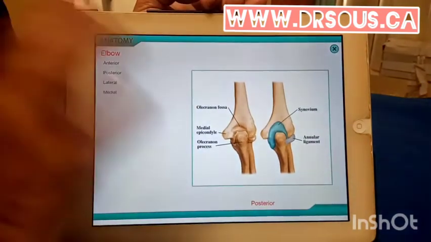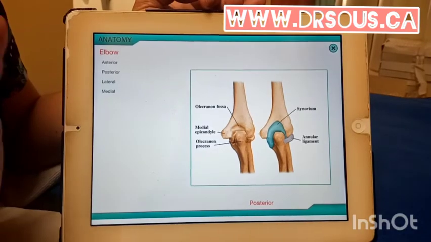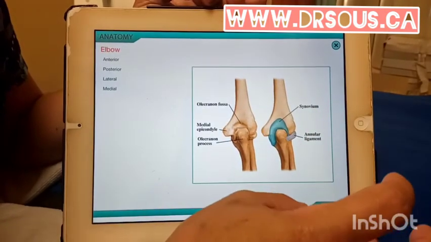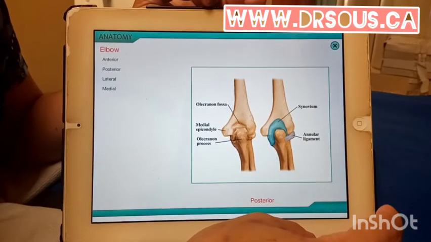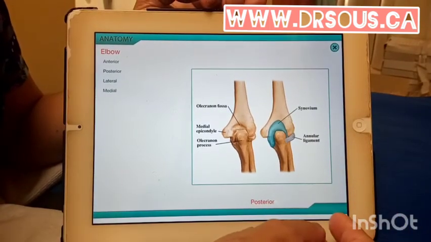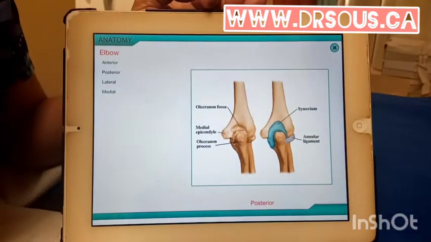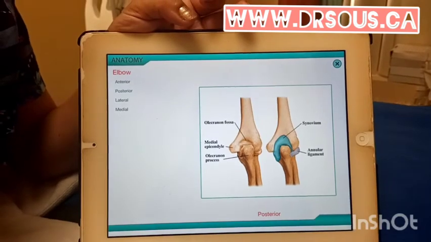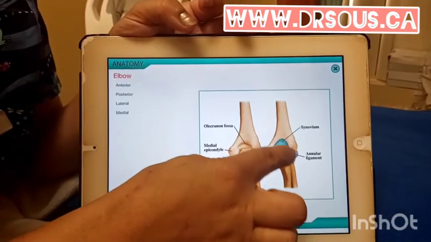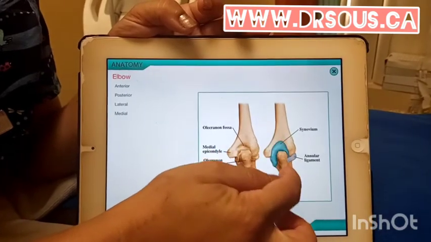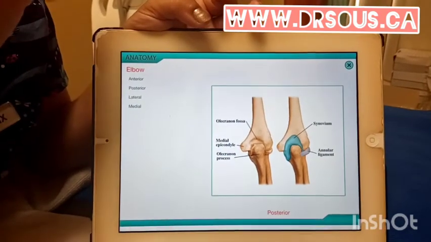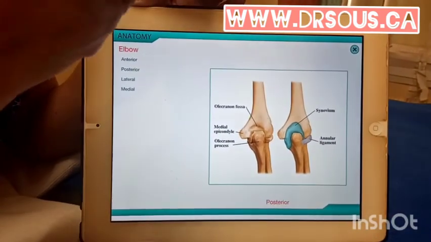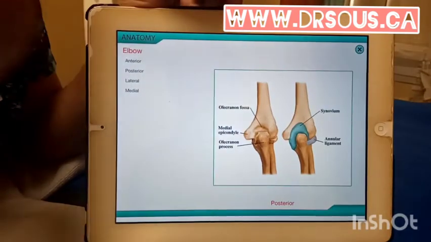Okay, that is what we have, and then about ligaments, everything. Synovium, what is the synovium? Between each joint, we are going to find bags or bursas or cartilage that help you make flexion or extension of the joint or any kind of movement. If we don't have this here, both bones are going to meet together, and you can't move, or if you move, you are going to cause very fast degeneration of the bone, and it's going to be painful.